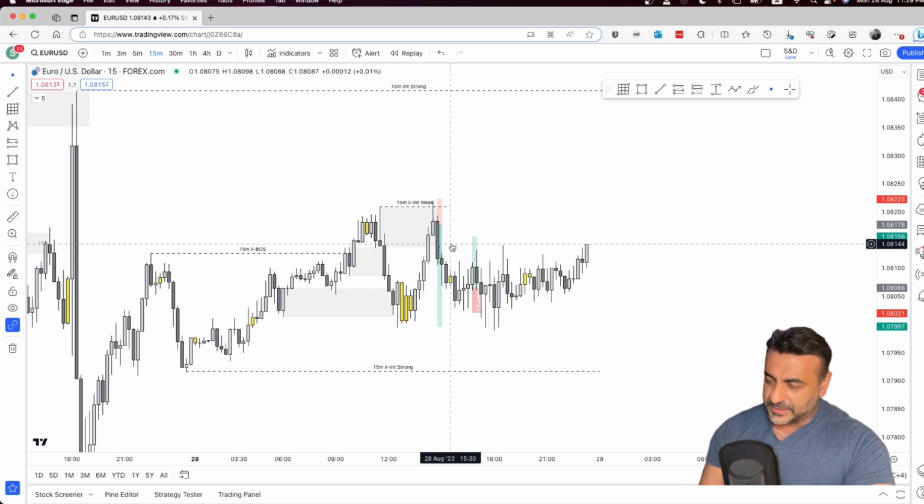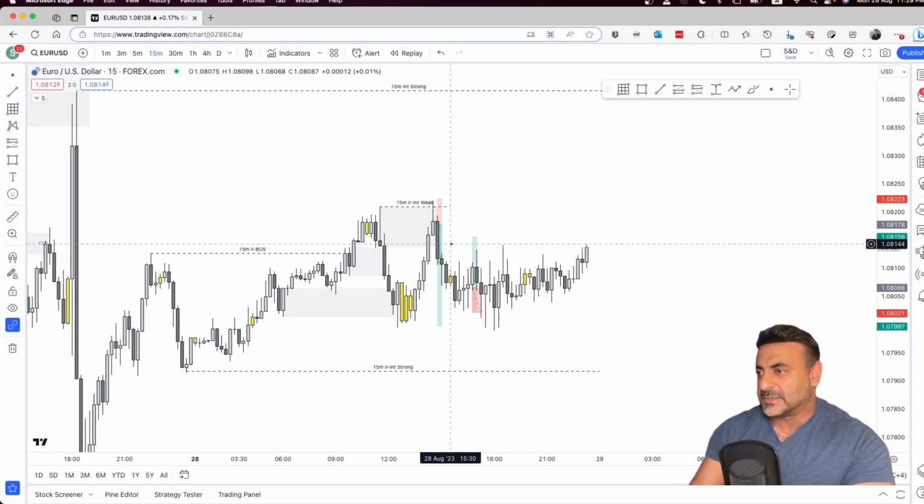Because strong liquidity is the reason why market moves. Large institutions or whatever you want to call it, big money, uses strong liquidity to then drive prices in either direction, right? So we need to look for liquidity.